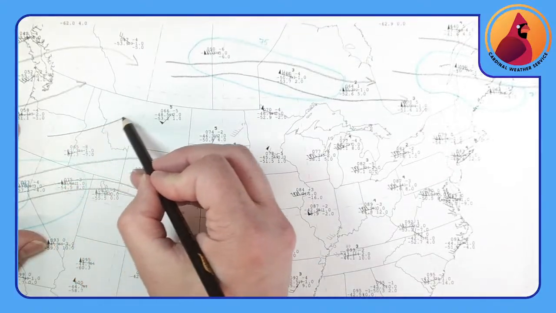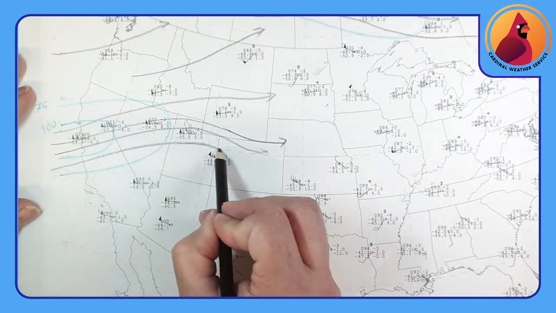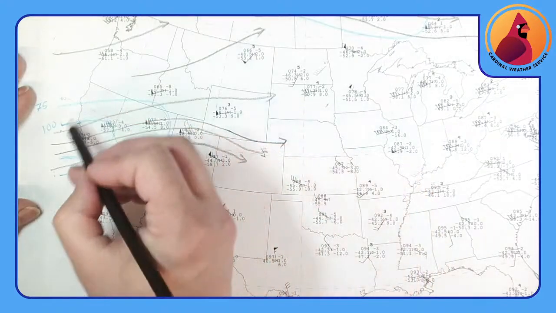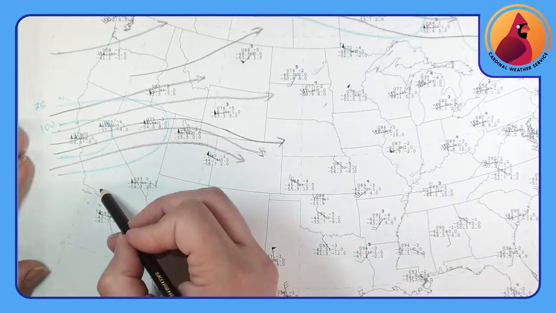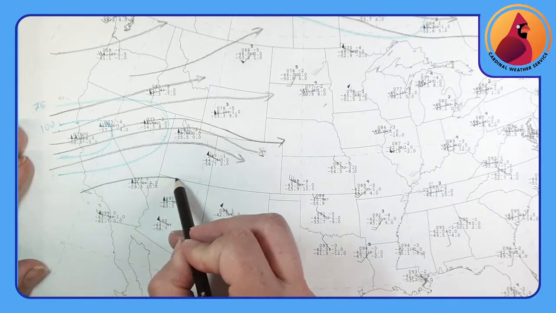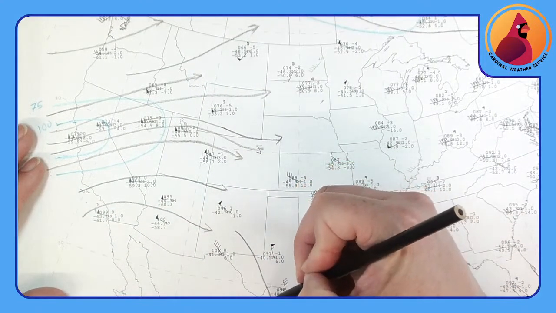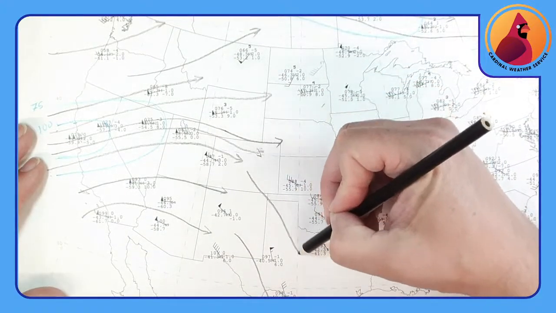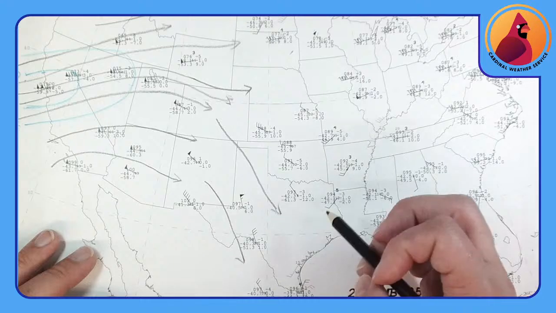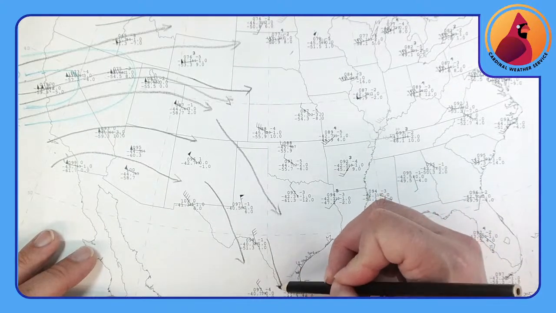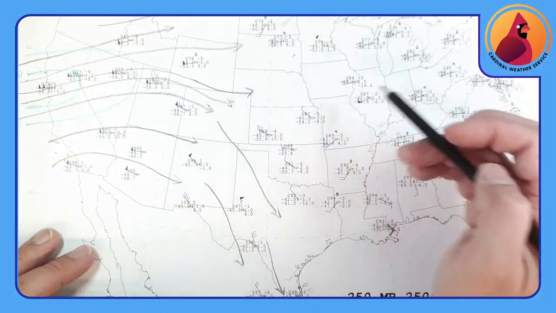Got wind components here. They're slower down here by a little bit, so we don't need quite as many. We've got our nice hole here, no data.